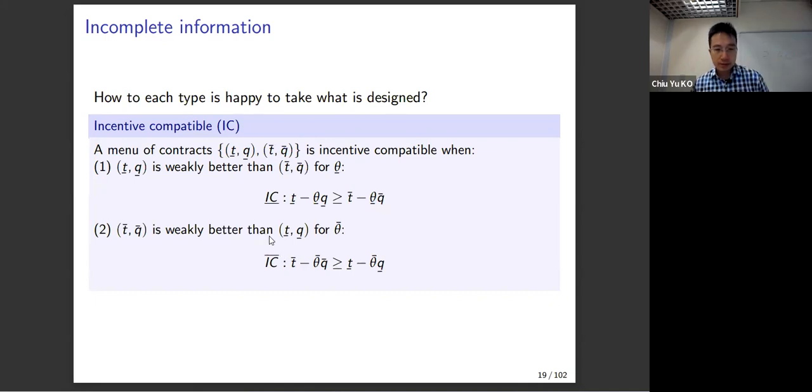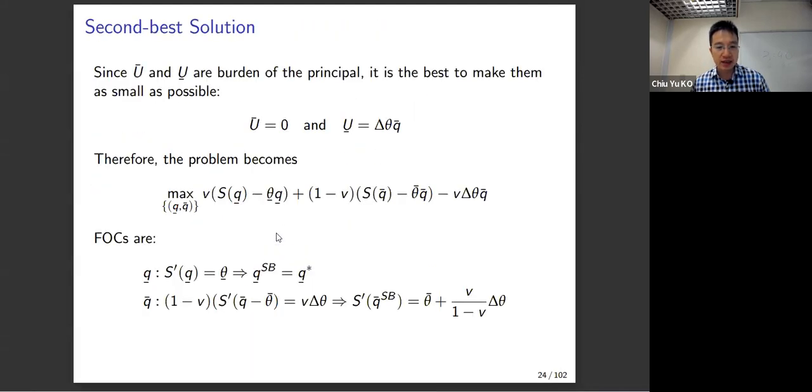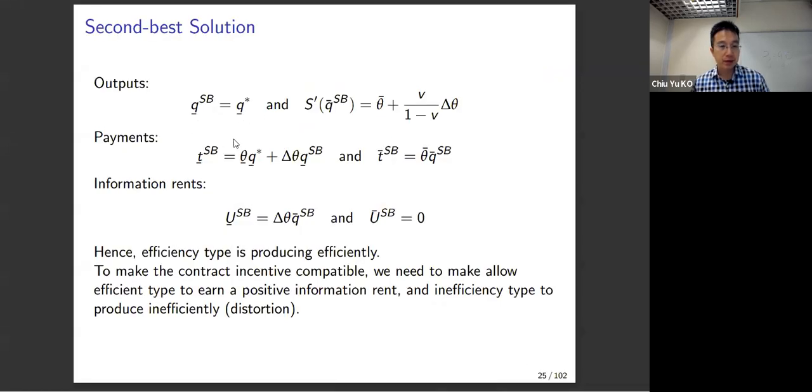In particular, what we see in this model is that the more efficient type is produced at the efficient quantity, but you need to pay him extra compared to first best, because you always need to compensate him.